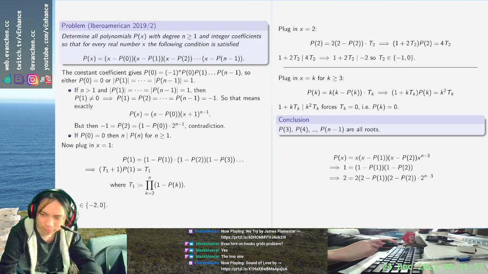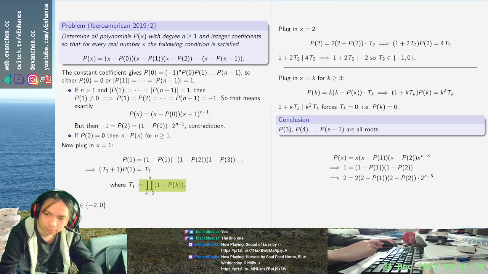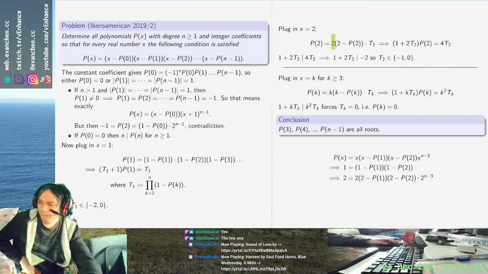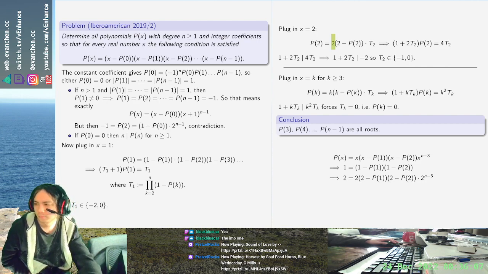How come? Wait, when I plugged in. So this implies n is equal to 3 exactly. So n equals 2 we can do by hand.